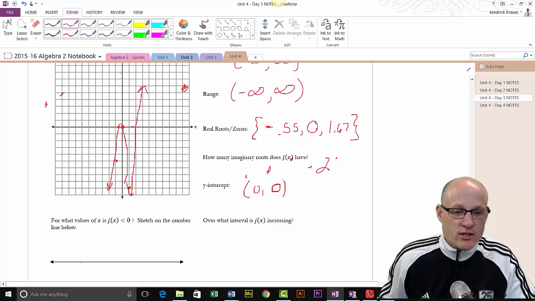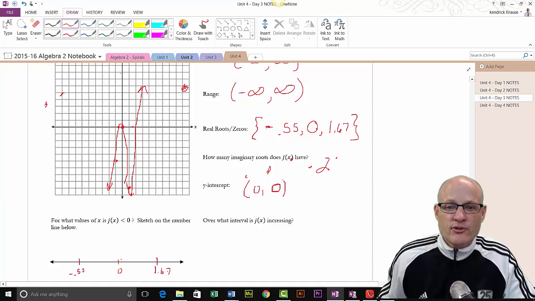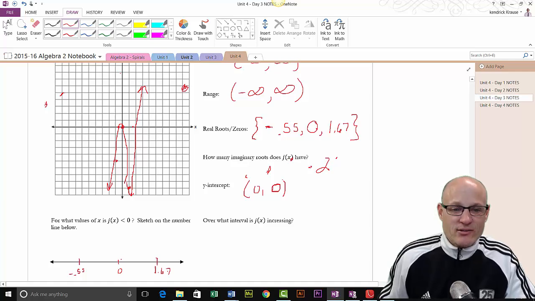So the critical numbers are negative 0.55, 0, and 1.67. So where is it less than 0?